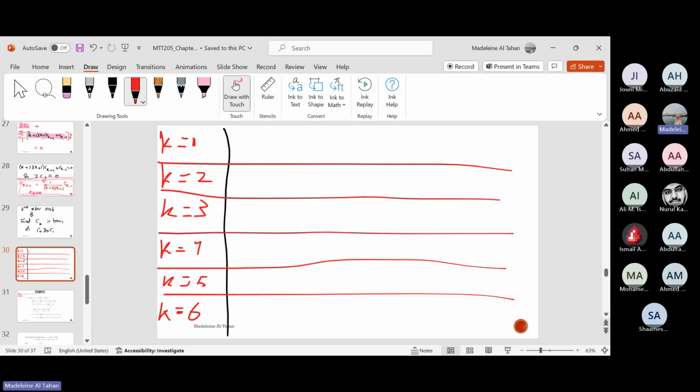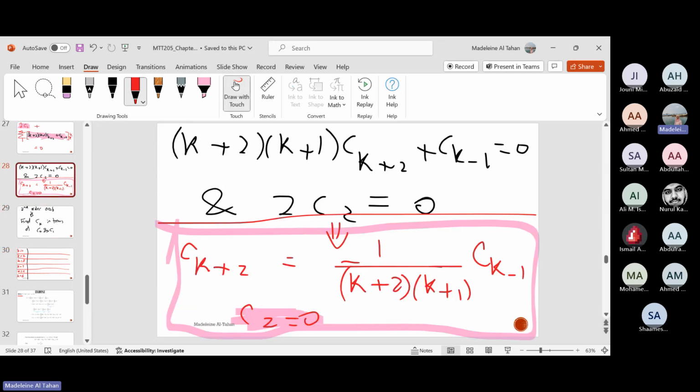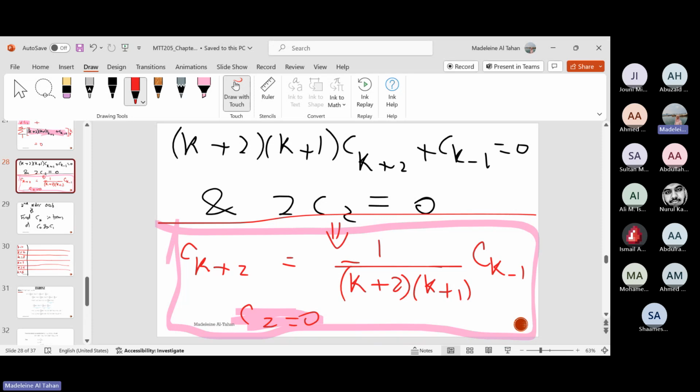What I need you to do is, this is the relation. Please find it at k equal 1. Substitute and give me the answer. At k equal 1, which c will we get? c3. So the left-hand side, we will get c3.